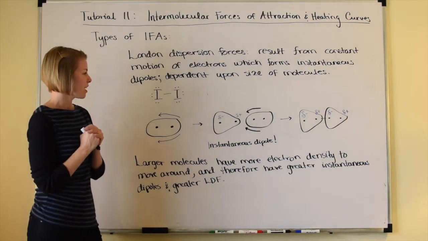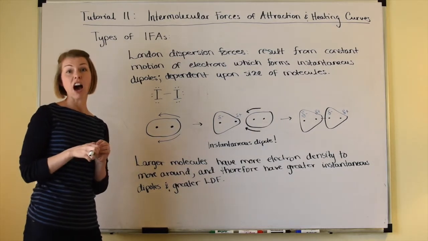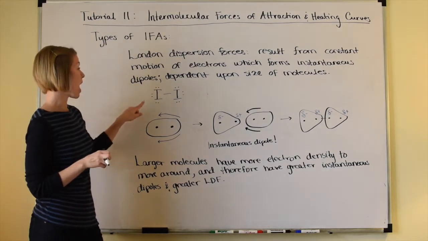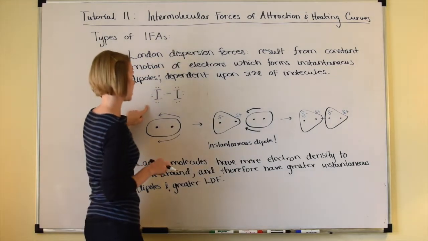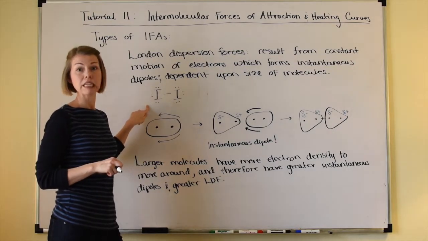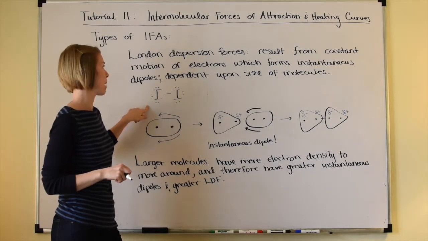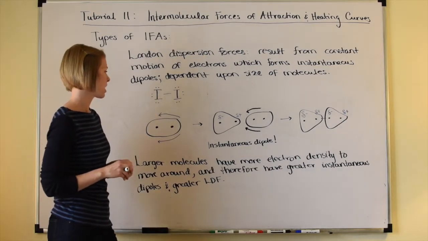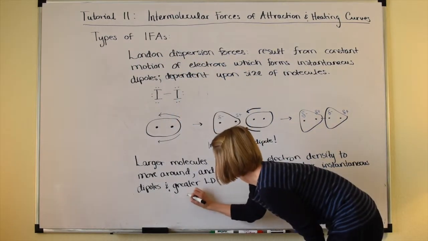Okay, so a good example of this would be comparing some of the other halogens to iodine, which we used as our example up here. We said that iodine is a solid at room temperature atmospheric pressure, meaning that it has pretty significant intermolecular forces of attraction, which happen to be the London dispersion forces. But look at the other halogens. So I'm going to write example here.